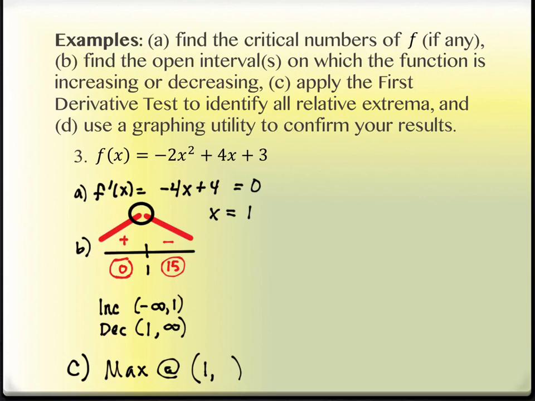The original equation tells us the location that we are in space. So if I put the number 1 into the original equation right up here, what is f of 1? Is it 5? Yep, that's what I have on my paper too. We've got 5 here. So my max is at 1, 5.